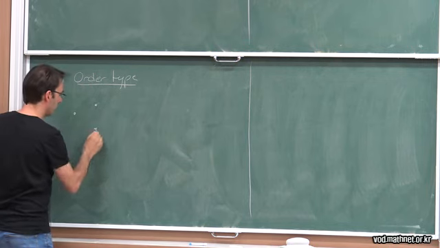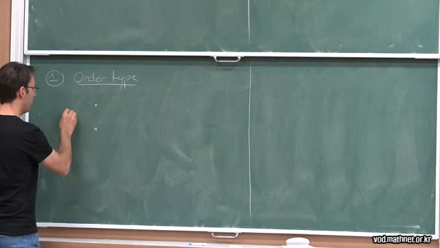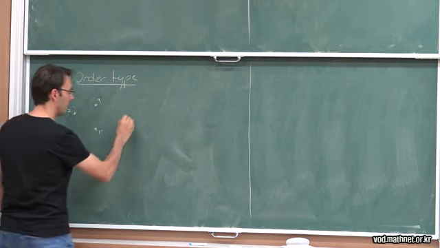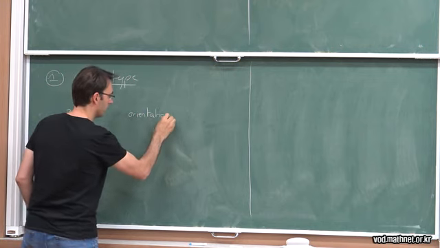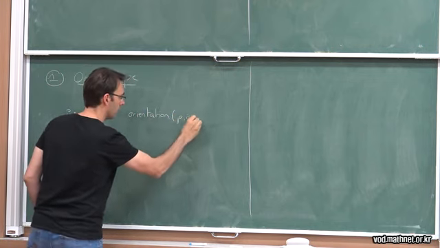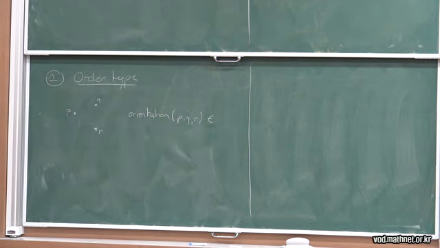If you have points in the plane, and you want to think about point sets combinatorially, it's very natural to associate to them an orientation. That's one of the most basic pieces of information. So if you have P, Q, and R, you might want to define the orientation of P, Q, R as a number, 1, 0, or -1, that tells you whether the triangle PQR is clockwise, counterclockwise, or flat.